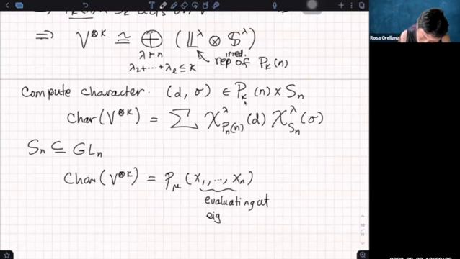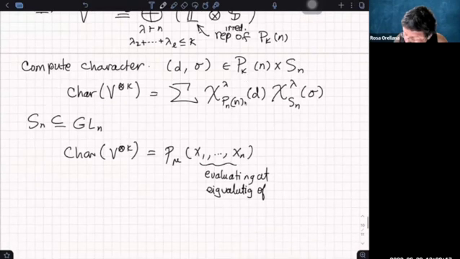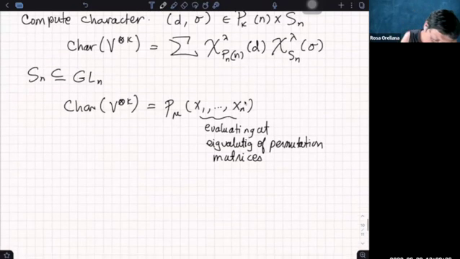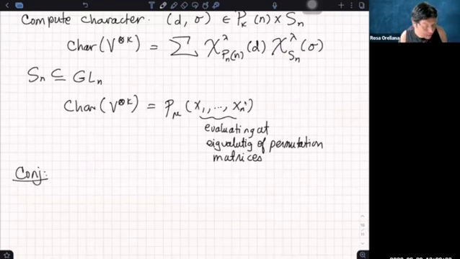So we should be able to get this using the power symmetric functions, evaluating at eigenvalues of permutation matrices. So the conjecture that we made a long time ago is that you would actually get something that looks like this.